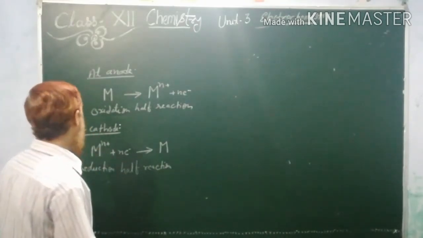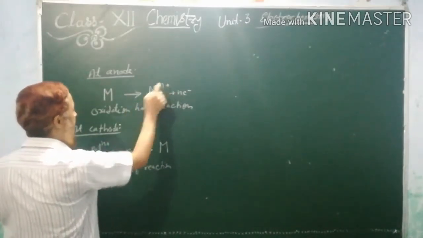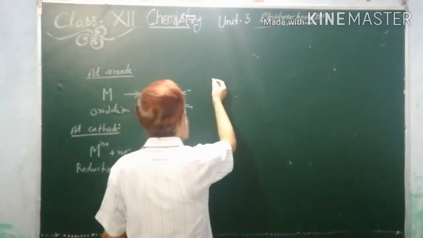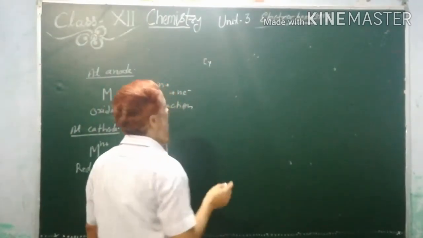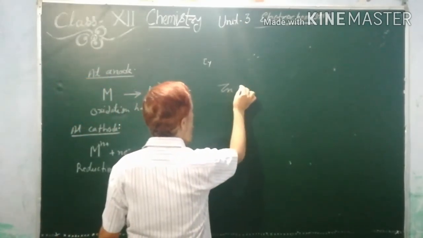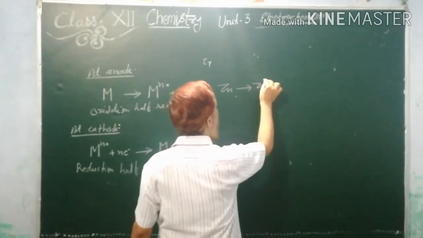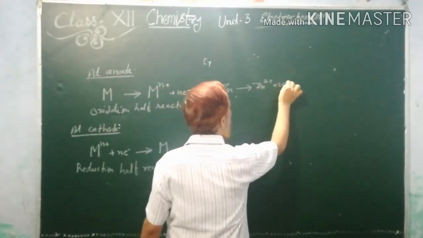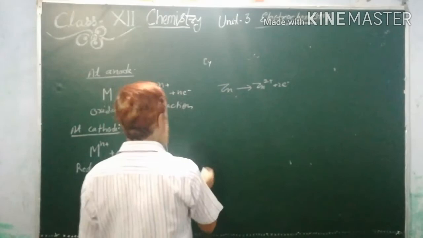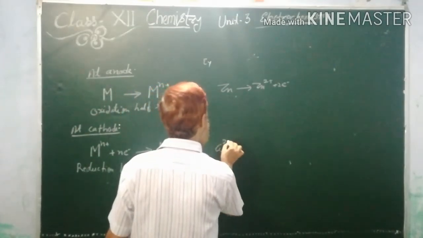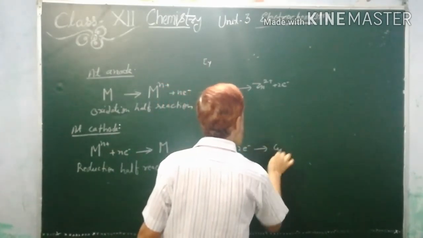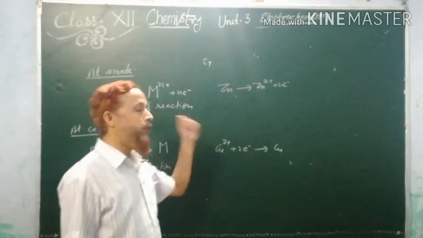Don't be confused that this Mn+ and this Mn+ are the same. For example, in the Daniell cell at the anode, you know that zinc changes into zinc ion by the loss of 2 electrons. But at the cathode, cupric ion changes into copper metal by the gain of 2 electrons.